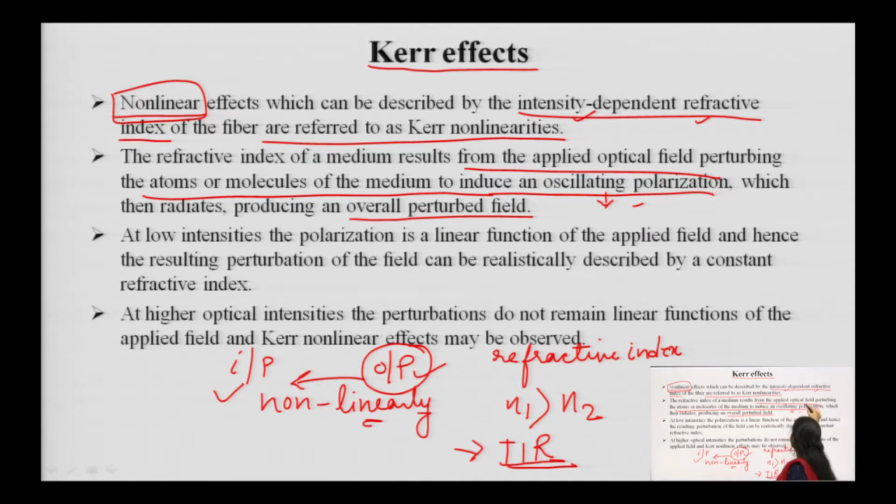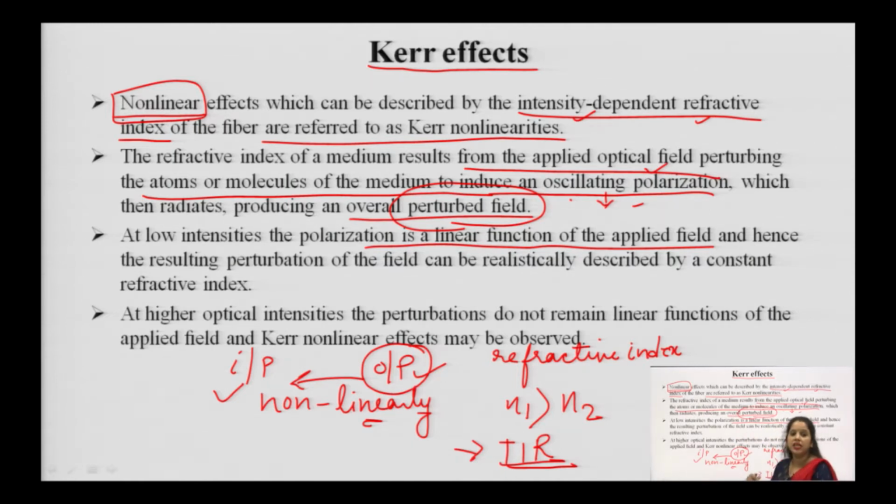due to the applied optical field, a new field gets created. As we discussed in the first line, as per the intensity of light, the refractive index of the fiber changes. At low intensity, the polarization is a linear function of the applied field.